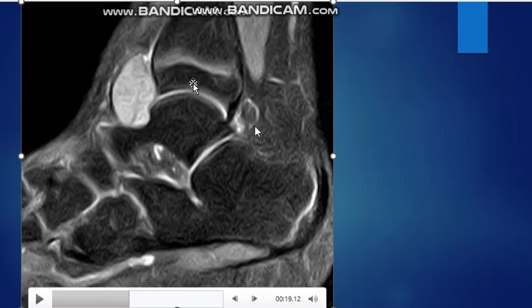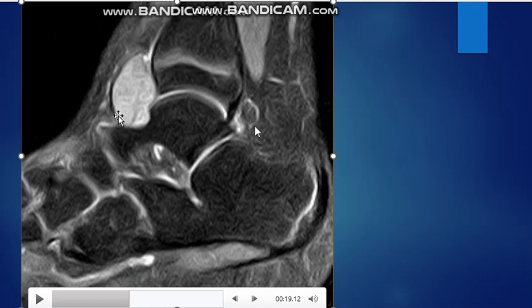How to know that this is a proton density image? Can you see the fluid signal is bright? And the cartilage signal is gray. So this signal will help you to delineate the cartilage signal and identify any abnormality of the joint cartilage.